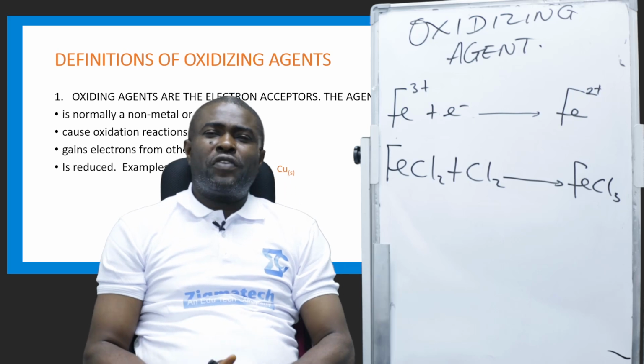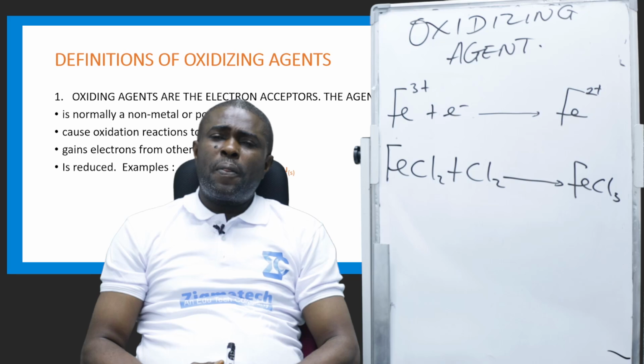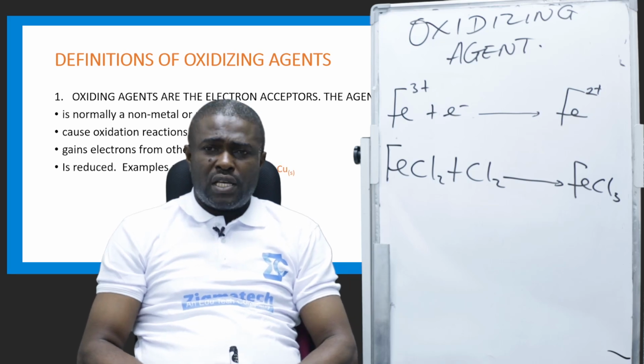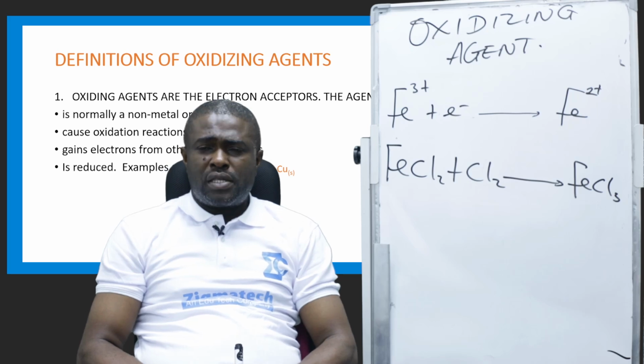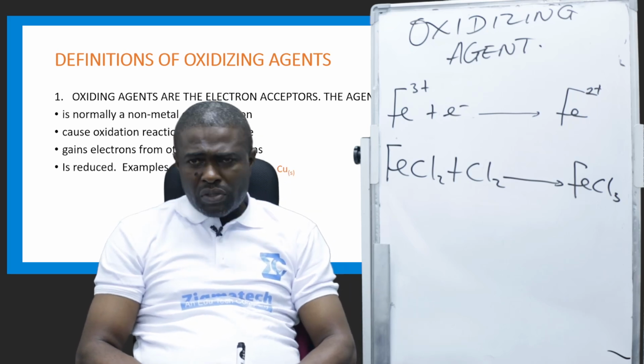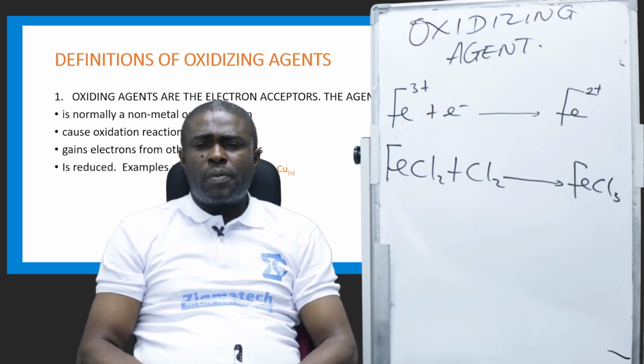What have we said so far? We have been able to define an oxidizing agent as that substance, that element, or that compound that has the ability to gain electrons in a redox reaction.